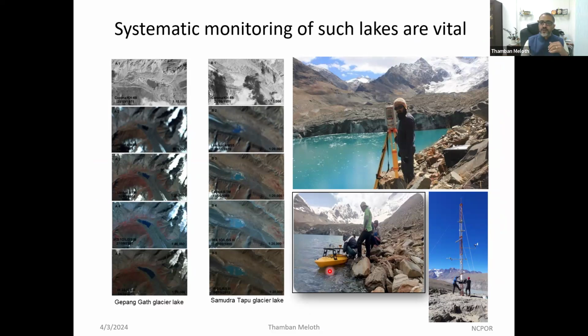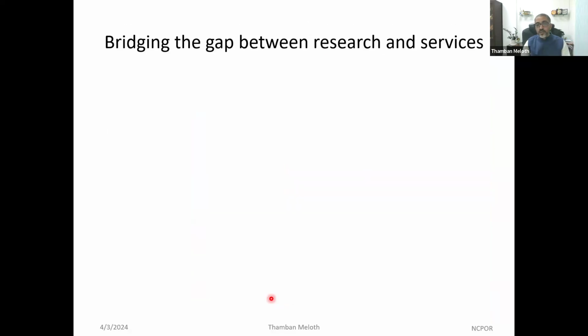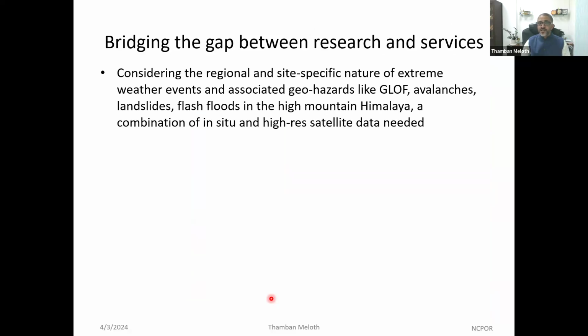In this case, it's my own colleagues carrying out studies in the Chandra Basin, again a large lake which has been expanding very dramatically for the last few decades. So bridging the gap between research and services is going to be the most important thing.